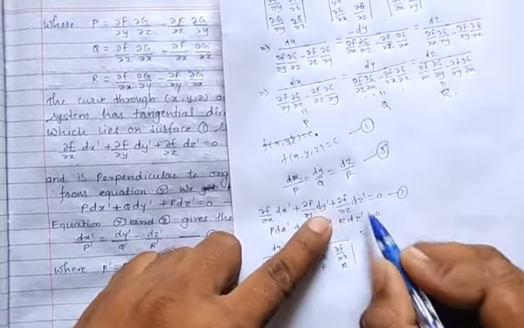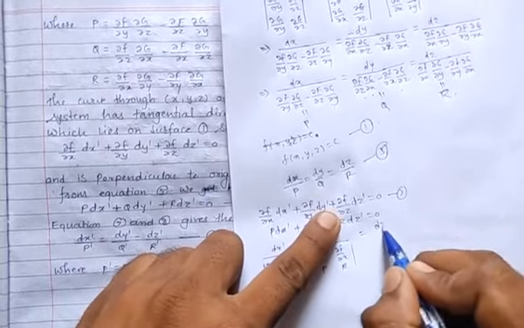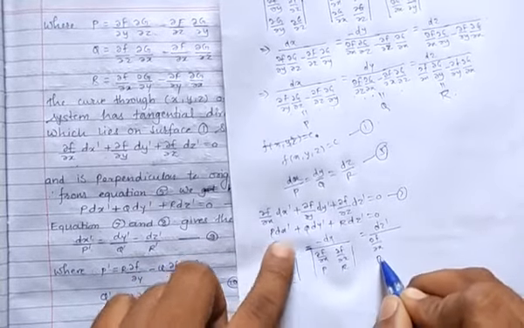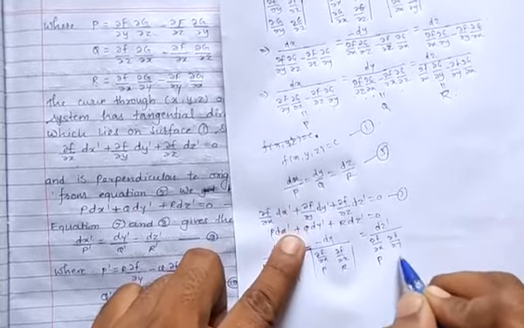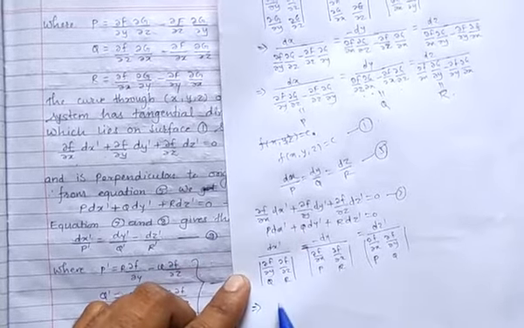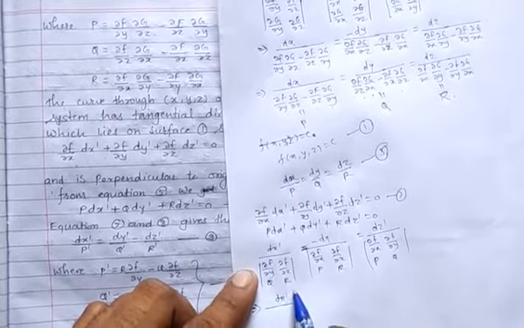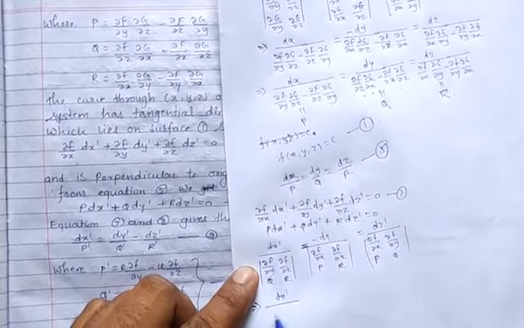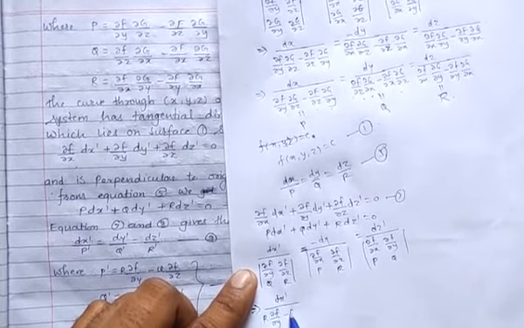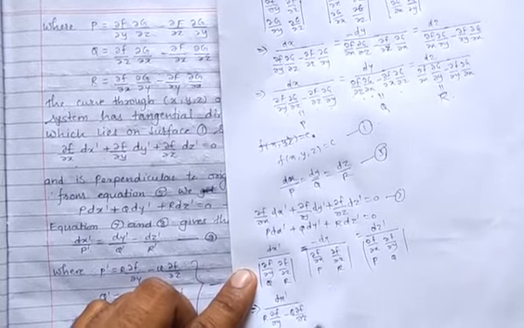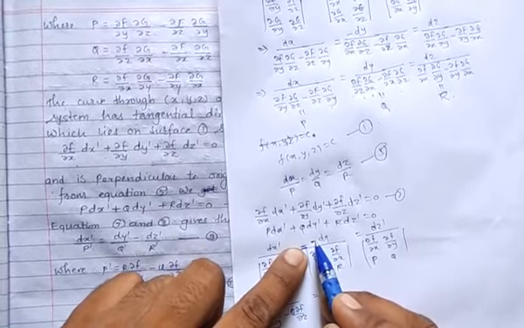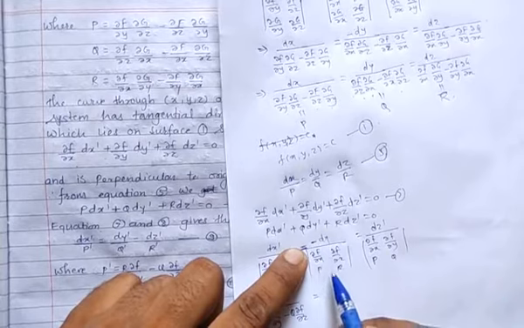What will we have here? dz' upon ∂f/∂x, p, ∂f/∂y, q. So after solving this, what will we have? dx' by the derivative, r into ∂f/∂y minus q into ∂f/∂z, which is equal to, so we cancel this minus sign by multiplying numerator and denominator by minus.